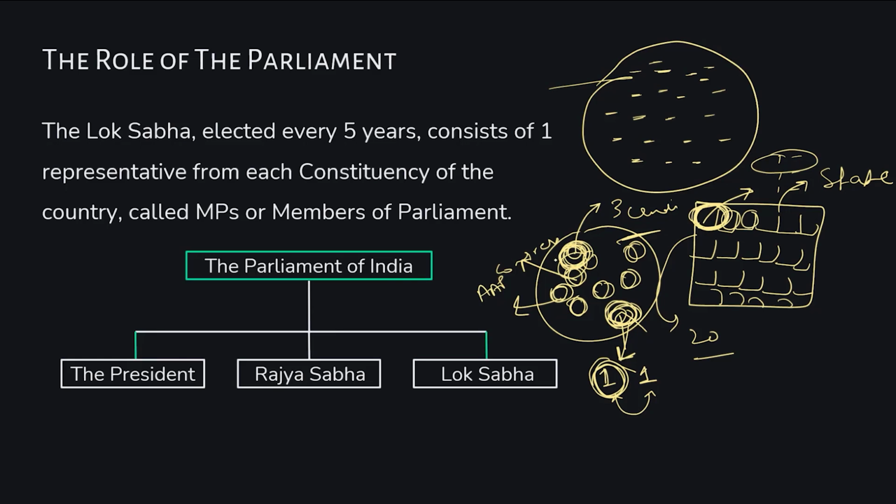And we'll see whether the elected candidate belongs to Aam Aadmi Party, Bharatiya Janata Party or Congress. Now let's say after the results of the entire state, we come to a conclusion that out of 20, 11 elected representatives belong to BJP. So this becomes the ruling party.